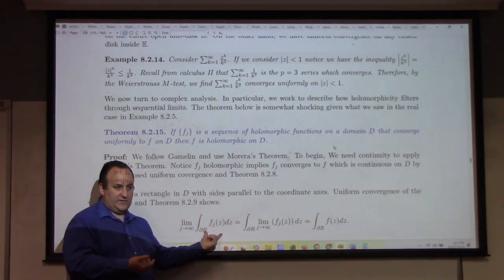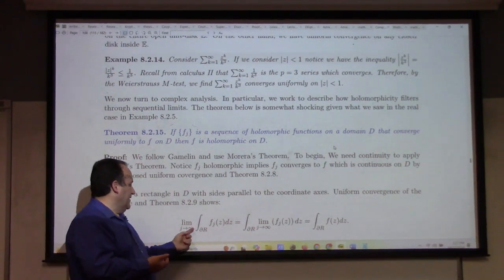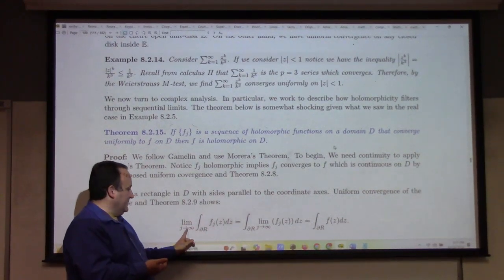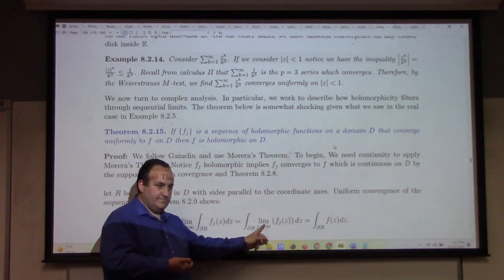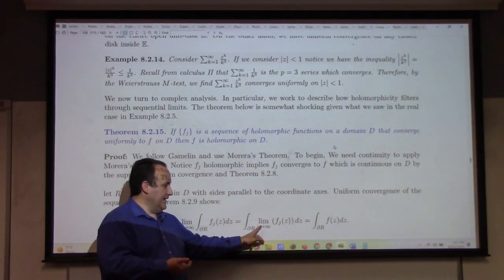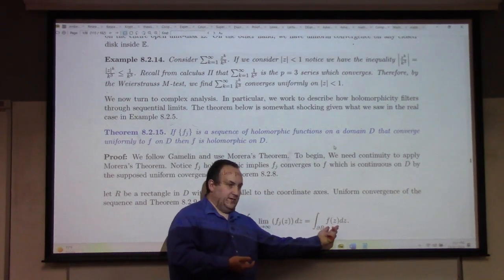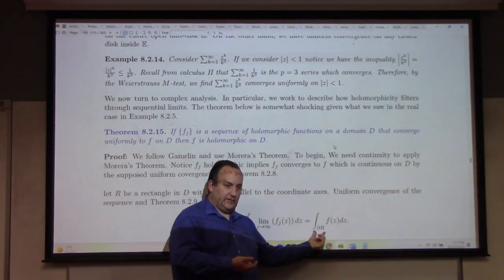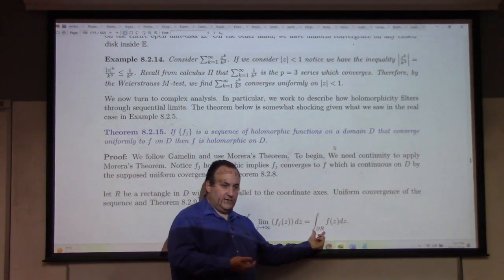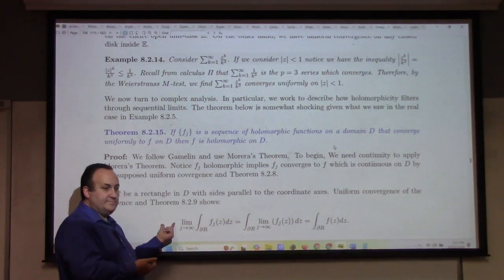So this is the zero sequence. Its limit is 0. On the other hand, because these are uniformly convergent, I can pass the limit inside the integral, like so. And then, by definition, the limit of the sequence is f. So the integral around an arbitrary rectangle in the domain is 0.